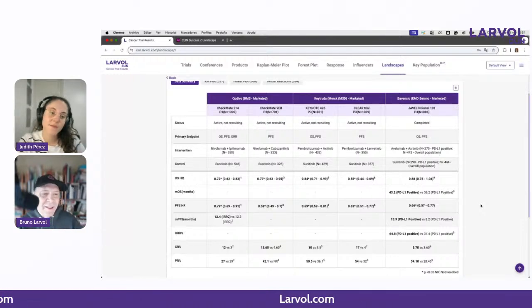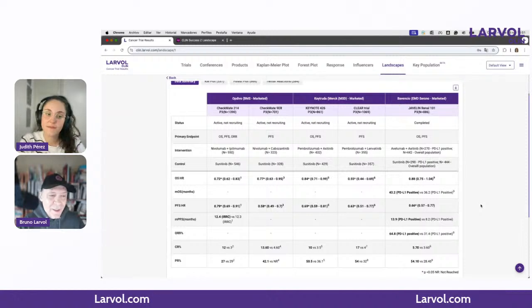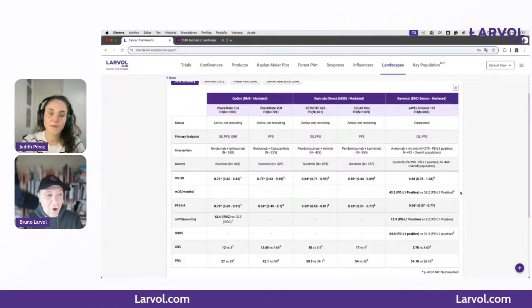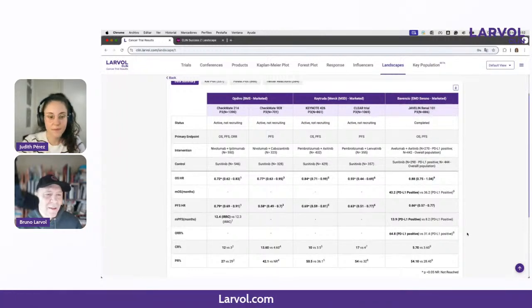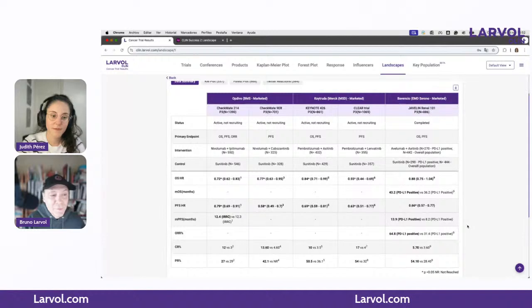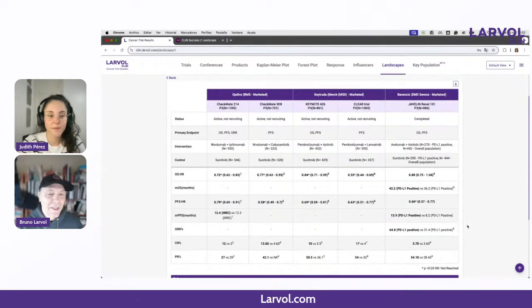But the benefit of having it online is that each time there is a change, let's say at ASCO 25, there's a change in three of these cells, so maybe a whole column of data is now available. We can update it. We add a tag that says new, that would stay there for a month, maybe. An alert can go to people who are following that landscape. And everything is clickable, obviously, to the source, to the reference behind the data.